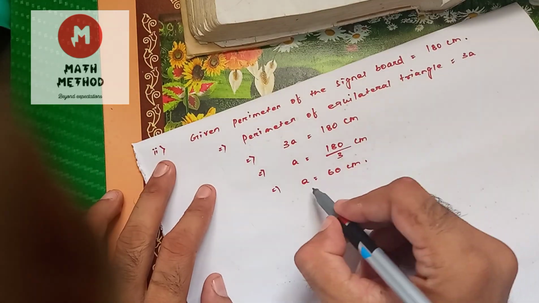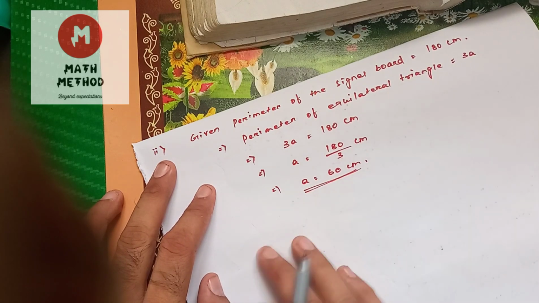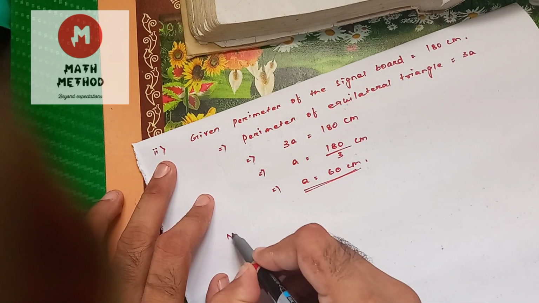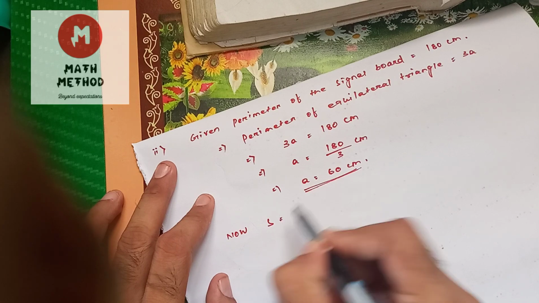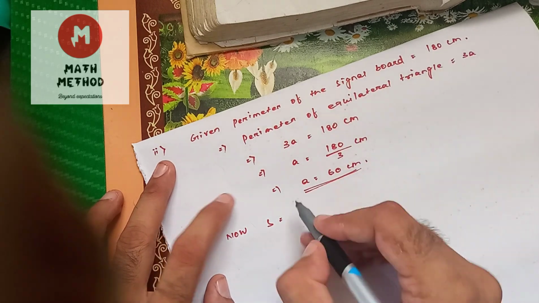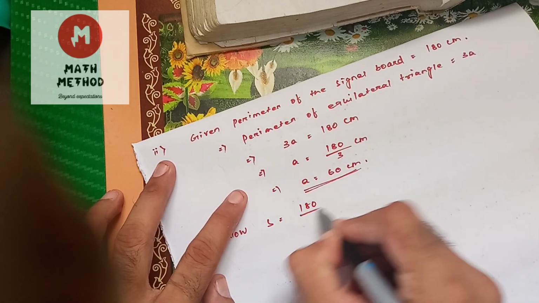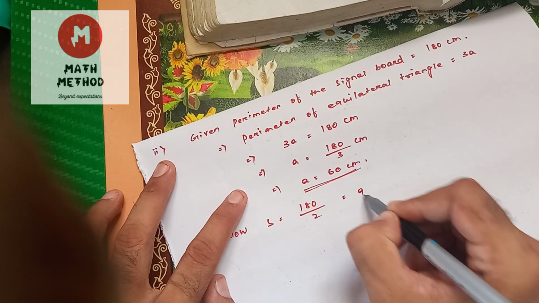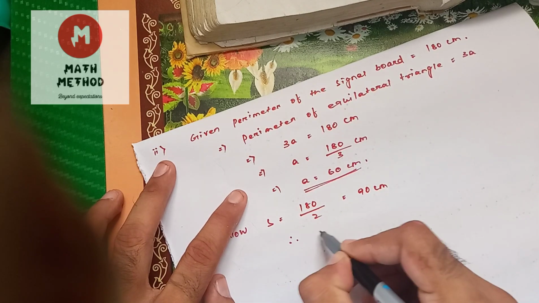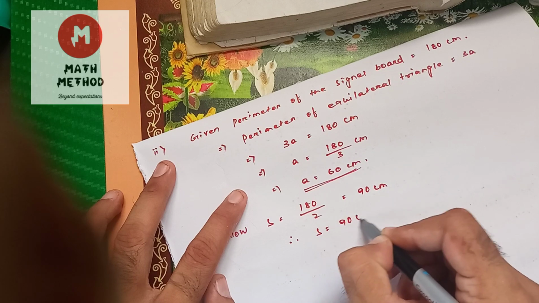Clear? Now here a is equal to 60 cm, which means all sides are 60 centimeters. Now s is the semi perimeter, which means 180 divided by 2 is equal to 90 cm. Therefore s is equal to 90 cm.